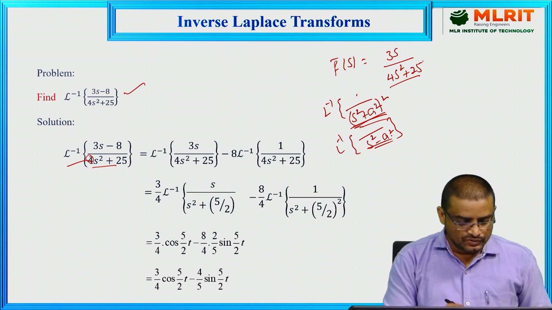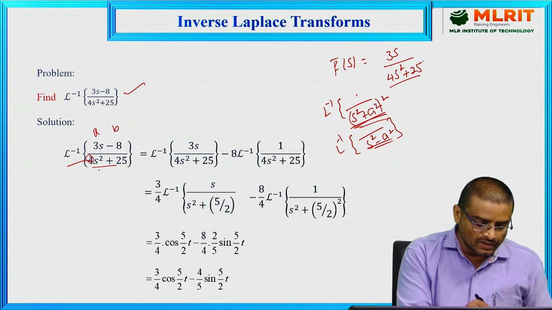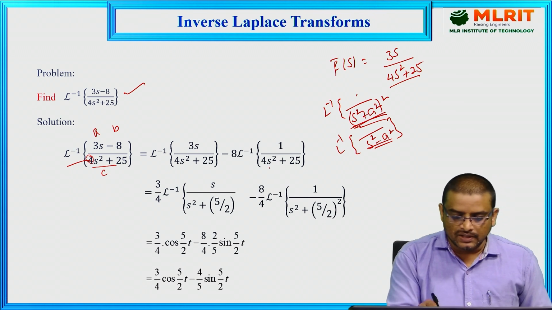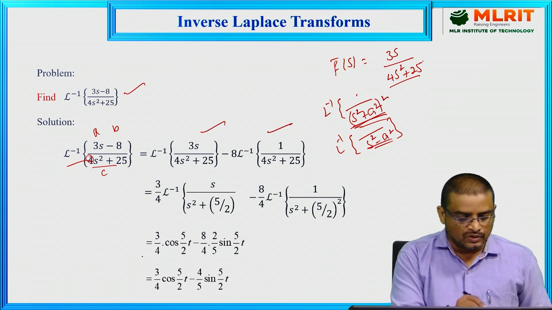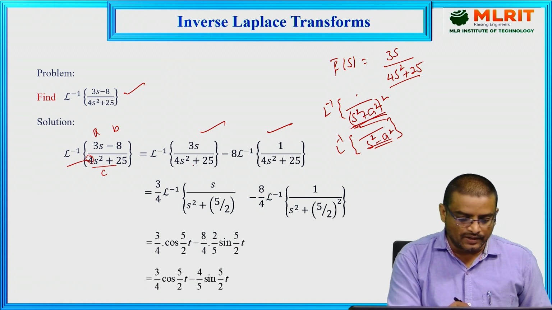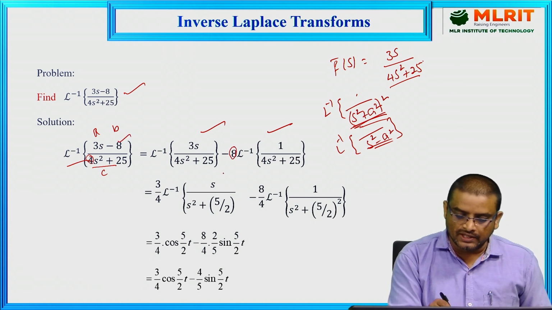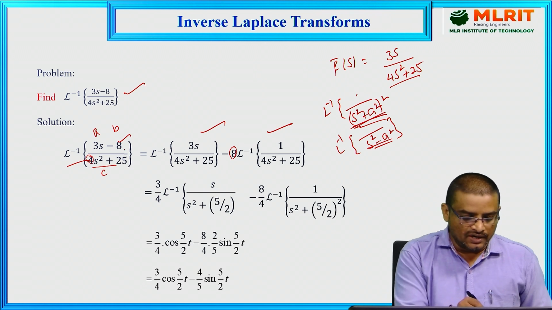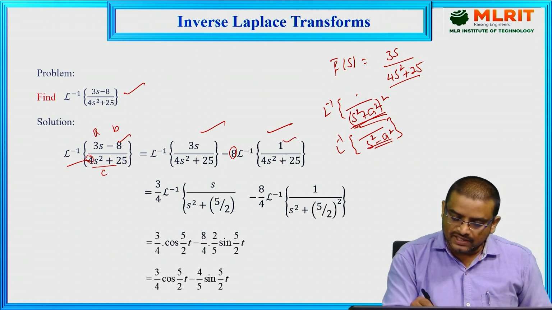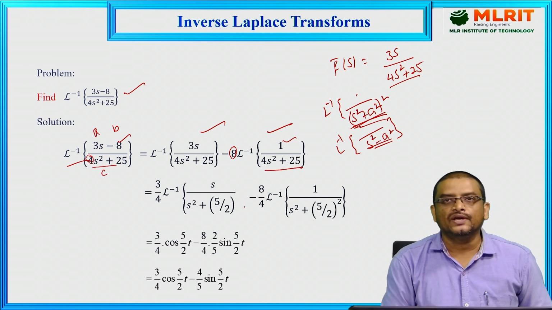Here you consider this one as A, this one as B, and this one as C. Separately you take this. So L inverse of A by C, that is 3s by the denominator, minus 8, which is a constant, so we can take that 8 outside this L inverse. Inside, we are having 1 in the numerator and the denominator is 4s square plus 25.